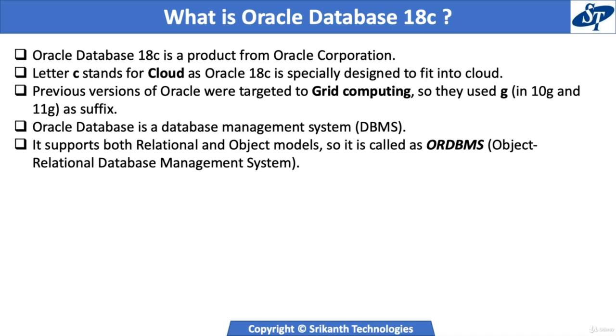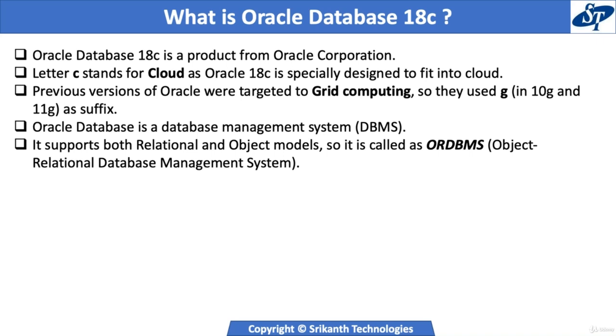Of course, Oracle started providing cloud oriented database system starting from 12. So it was called 12C. And prior to that, Oracle was focusing on something called grid computing with 10G and 11G. And if you go a little further back, you would find 8i, 9i, which were primarily targeting internet database.